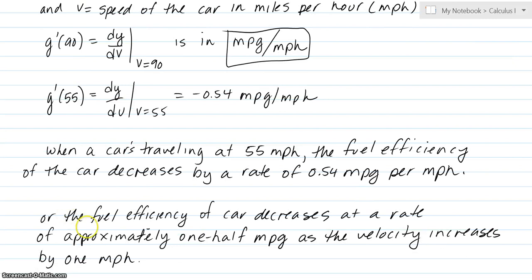Or you could say that the fuel efficiency of the car is decreasing at a rate of approximately 1/2 mile per gallon as the velocity increases by 1 mile per hour. So for each increase of velocity, the fuel efficiency is going down. That makes sense. It's going down at a rate of about half a mile per gallon.